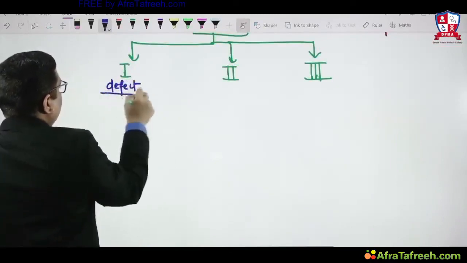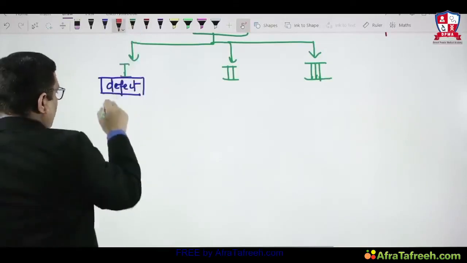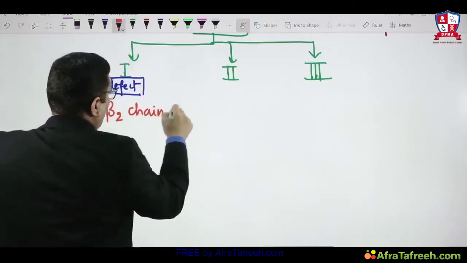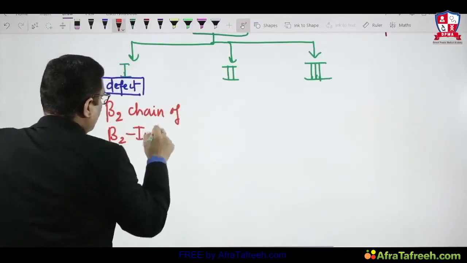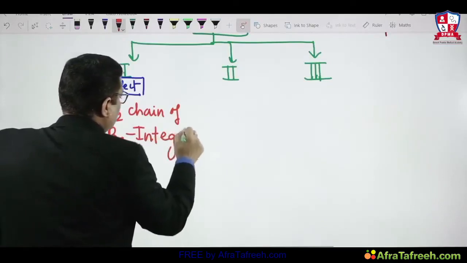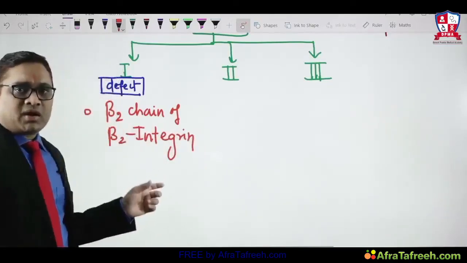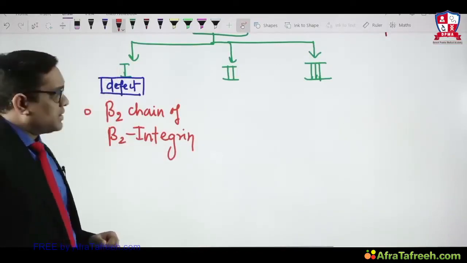So what are the defects in all these LAD disorders? LAD1 defect lies in the beta 2 chain of beta 2 integrin. So the beta 2 chain of beta 2 integrin is defective. So defect in LAD1 is the beta 2 chain of beta 2 integrin, right?